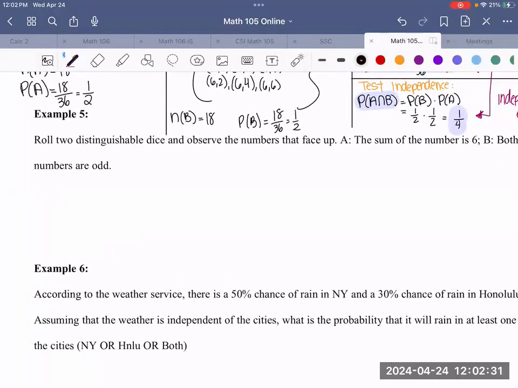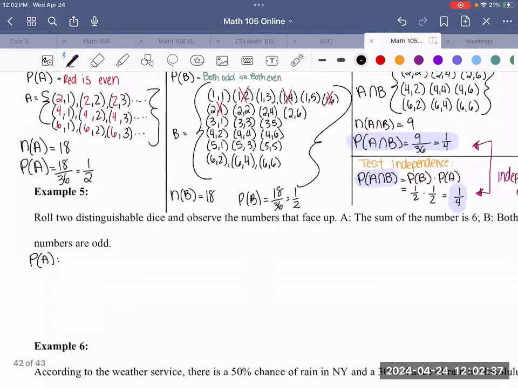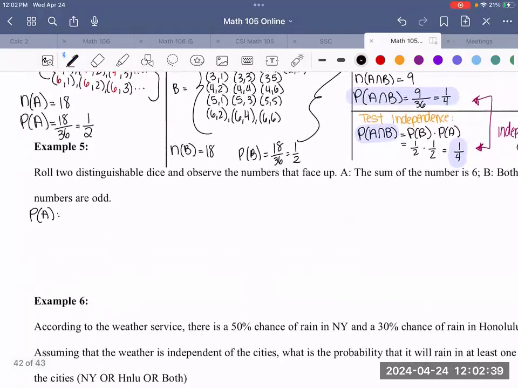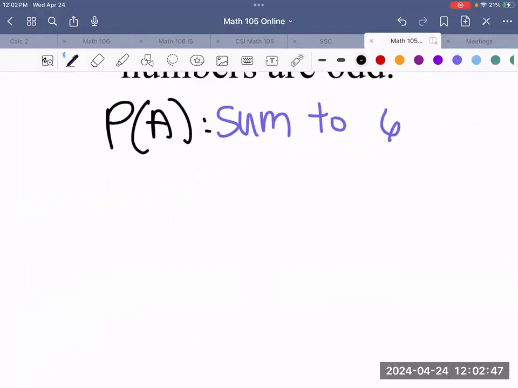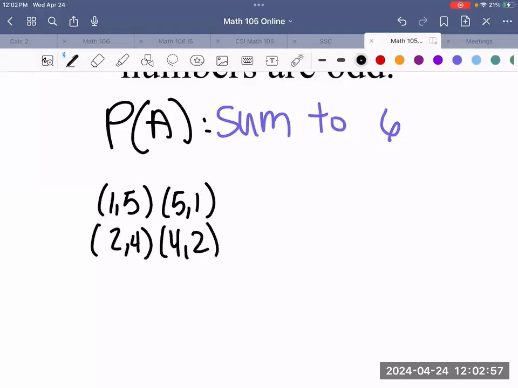So the probability of A is that the sum of the numbers is 6. Sum to 6. So that looks like 1 and 5, 5 and 1, 2 and 4, 4 and 2, 3 and 3.